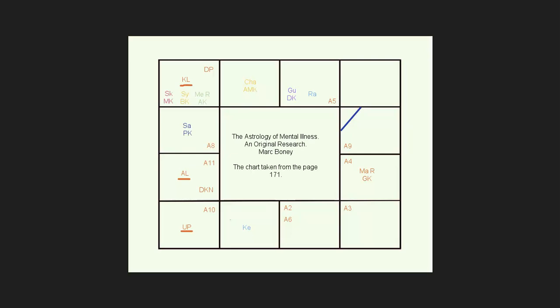We take into consideration the second house. Why the second house? You all should know that by now if you study astrology. The second house is obviously related to food. It shows our mouth. It's related to what we eat, what we drink, what we put into our mouth. It shows what we ingest. So that's nothing new. We all know about that.